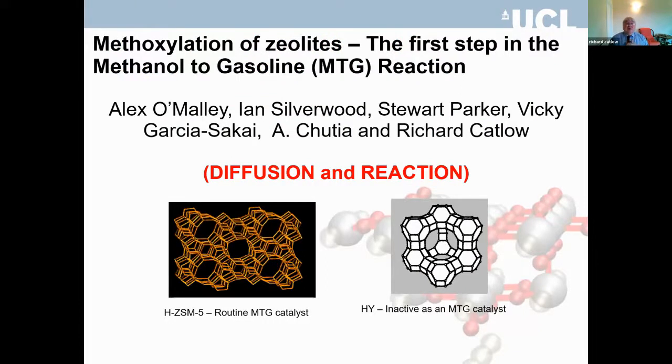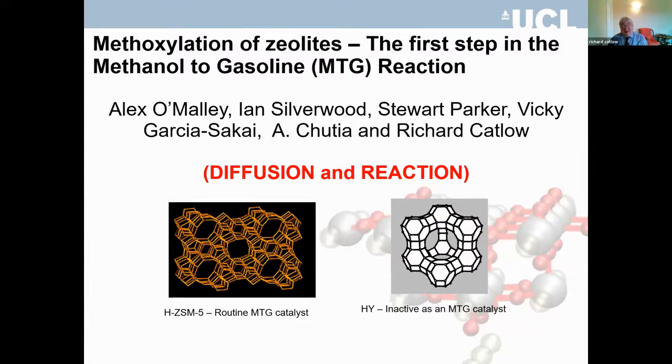I'm just going to give you one illustration, and that is on the methoxylation of zeolites. This is a very widely studied process, and the work here was very much led by my colleague, then a PhD student, Alex O'Malley, now a faculty member at the University of Bath in the UK. We studied two zeolites.